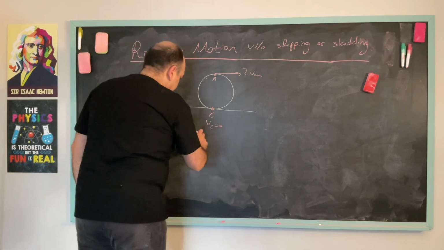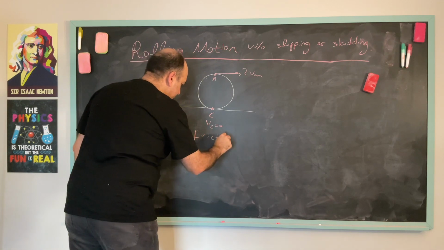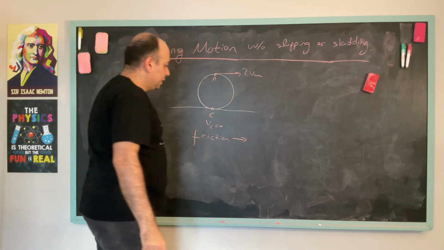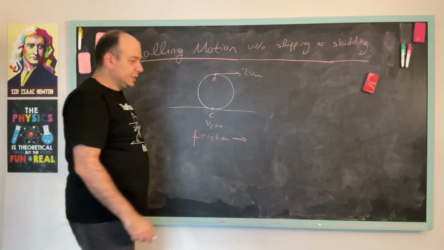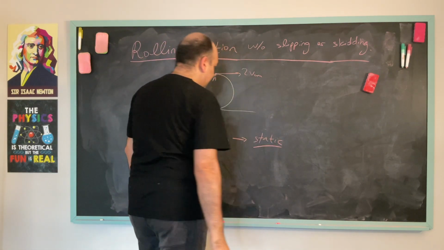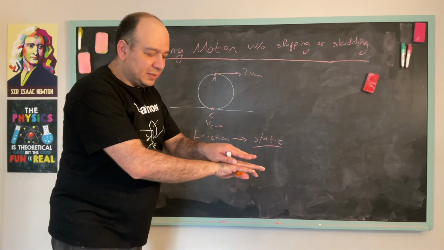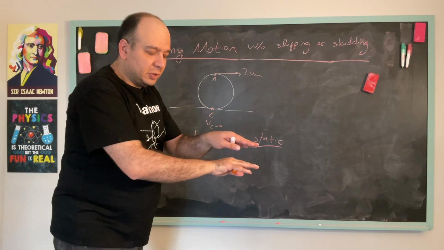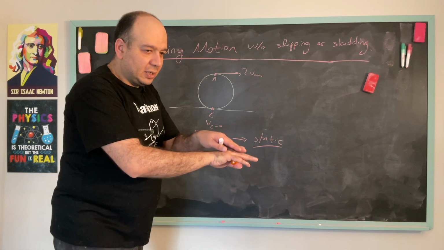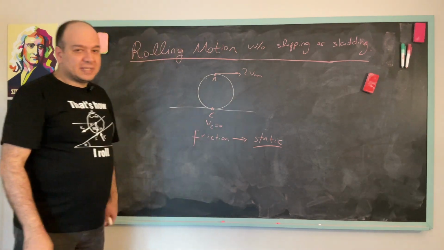If there is friction, it has to be static. Why static friction? Because the point of contact is not in motion with respect to the floor. These two surfaces are not moving with respect to each other, so this friction force has to be static.